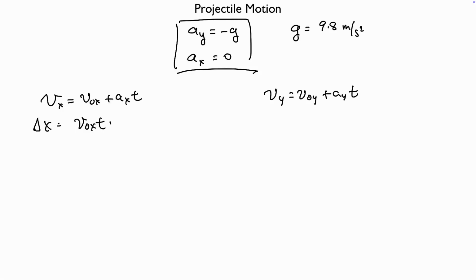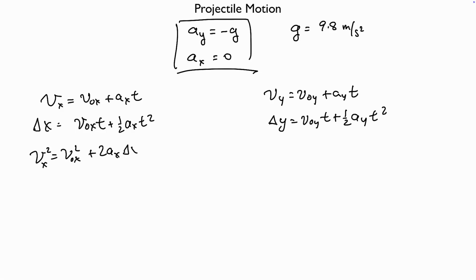Delta x equals v naught x t plus 1/2 a x t squared, delta y the same, and v x squared equals v naught x squared plus 2 a x delta x, and same thing with y's on it. Okay. There we go. I've written down our toolbox kinematic equations in both the x and y directions.